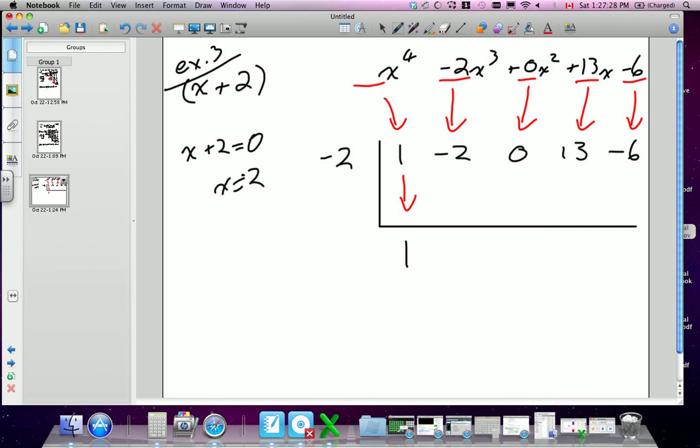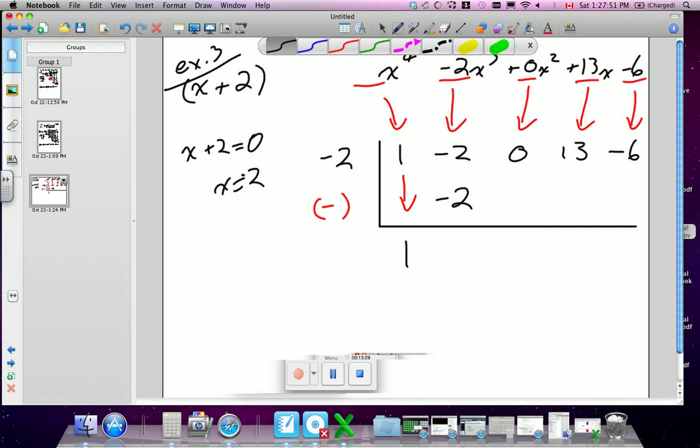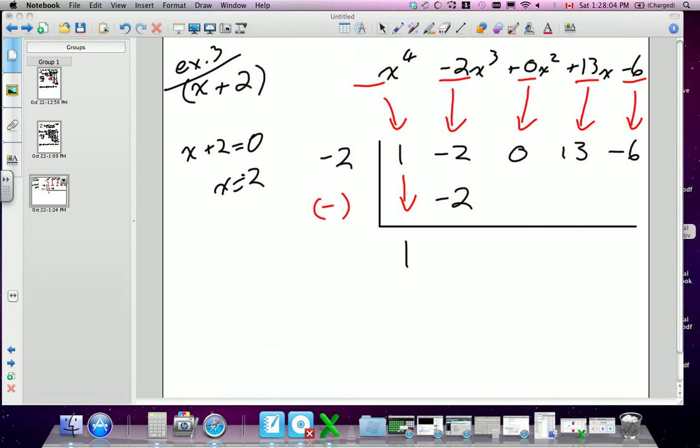We get 1. From there I'm going to constantly multiply our term on the outside by whatever I get on the bottom, and then add as we go through. Negative 2 times 1 is negative 2. Oh, sorry, I have that wrong.